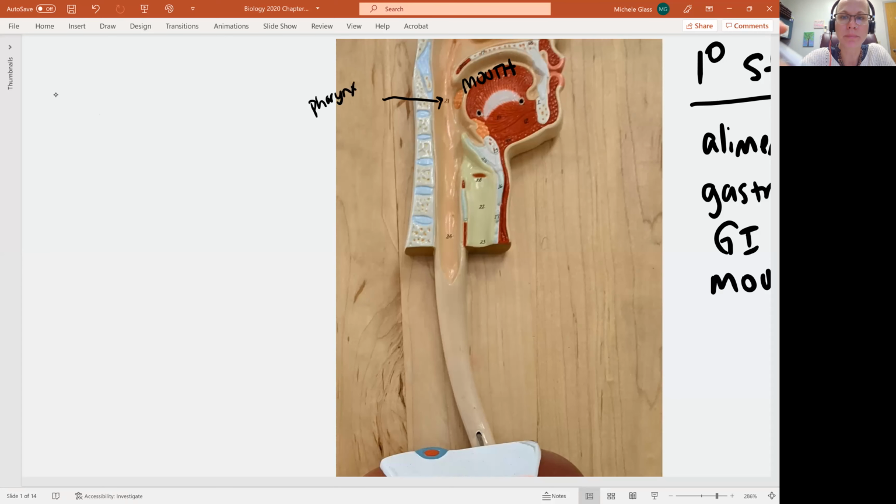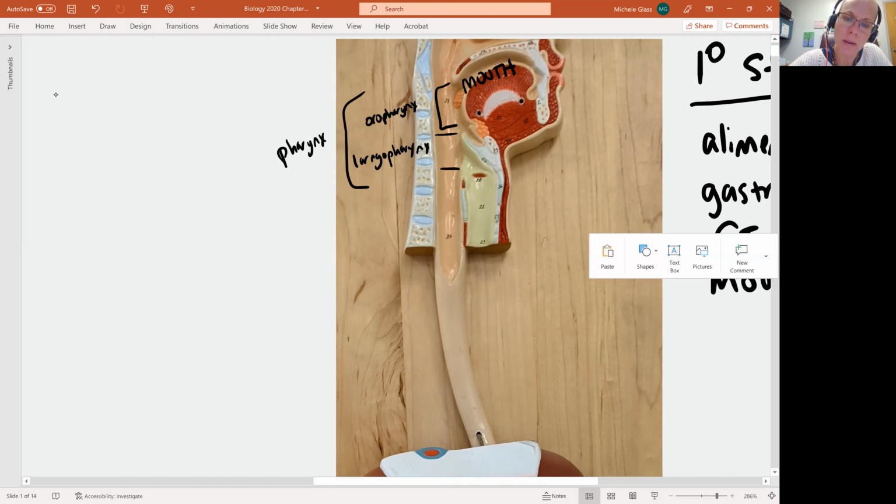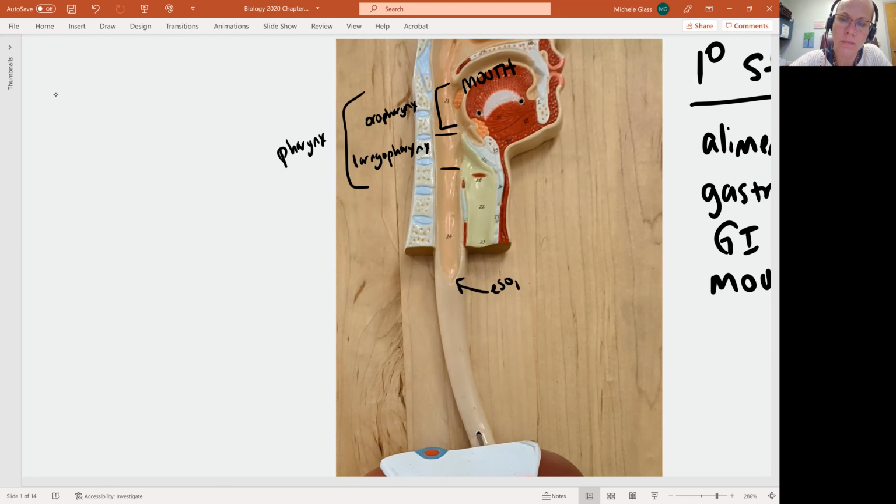And remember, the portion directly behind the mouth, we called the oropharynx. And then the area directly behind the larynx, we called the laryngopharynx. And then from there, we have our esophagus. The esophagus is taking that material down into the stomach.